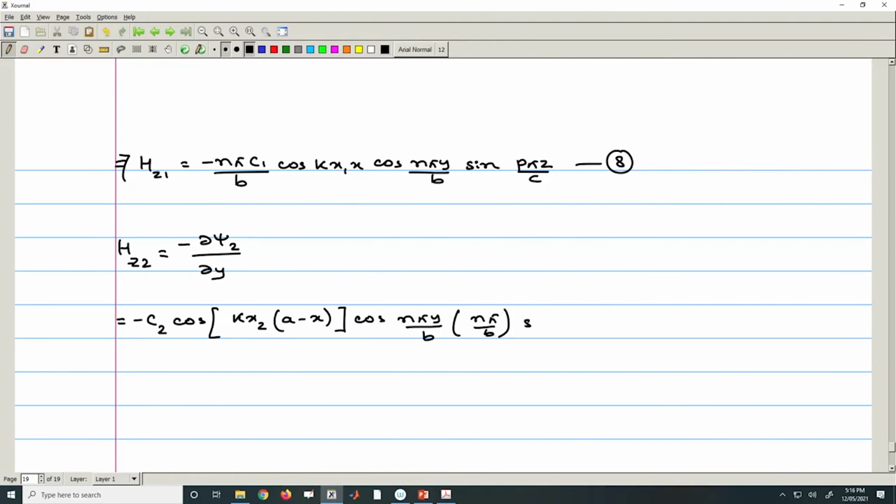And then sin p pi z upon c. So, that we can write down like minus of n pi upon b C 2 cos of k x 2 a minus x cos of n pi y upon b sin of p pi z upon c.